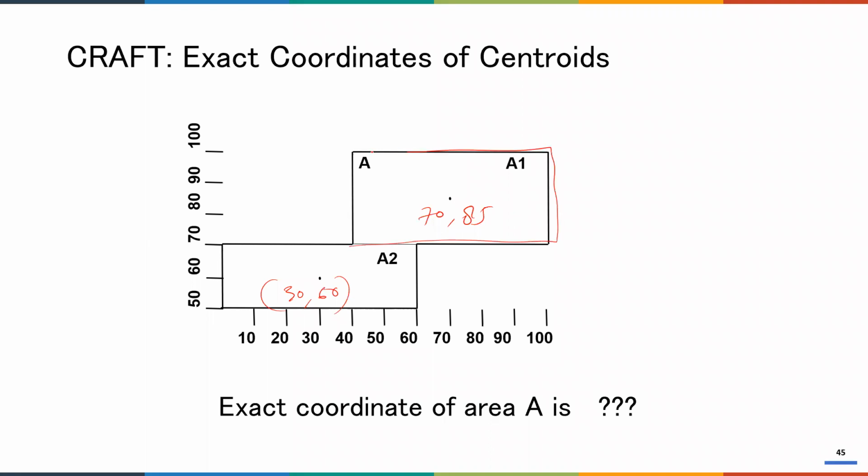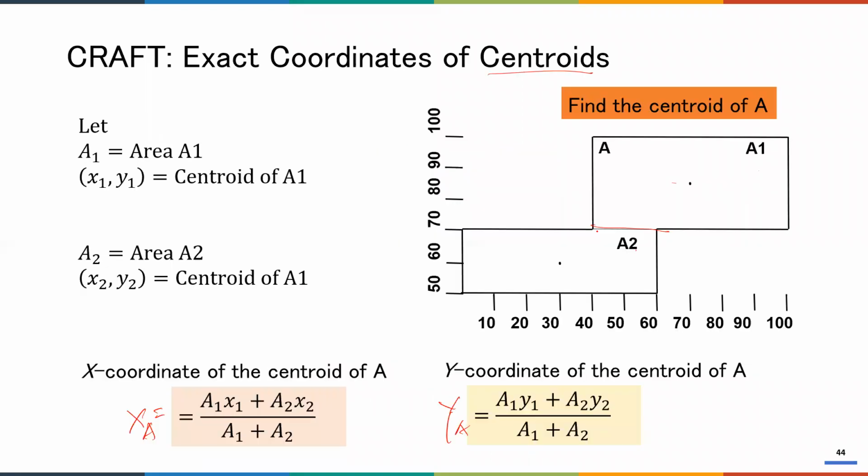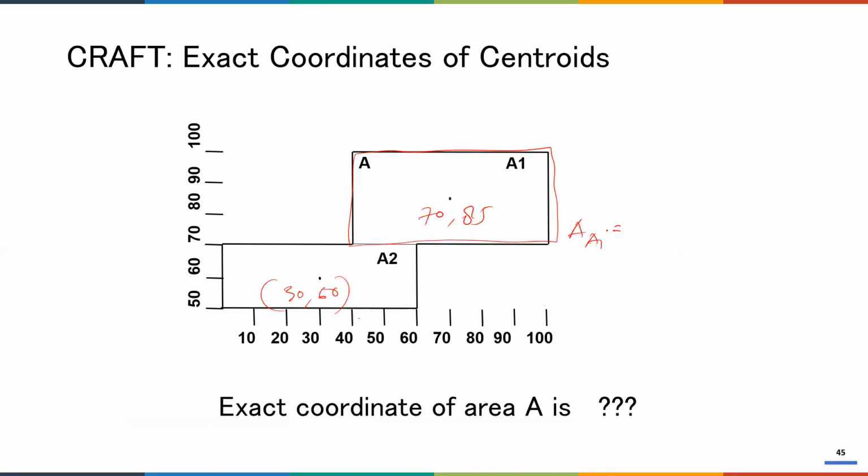And the area of A1 will be 60 multiplied by 30, which is something like this. And this one is 0, 60, like this, A2.